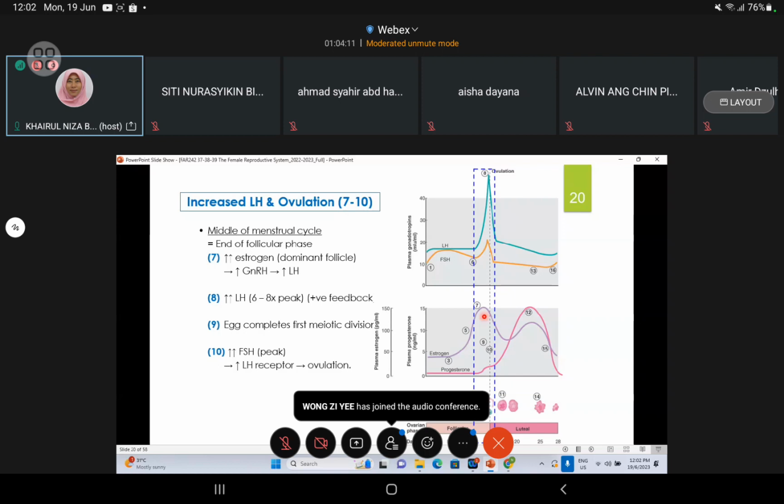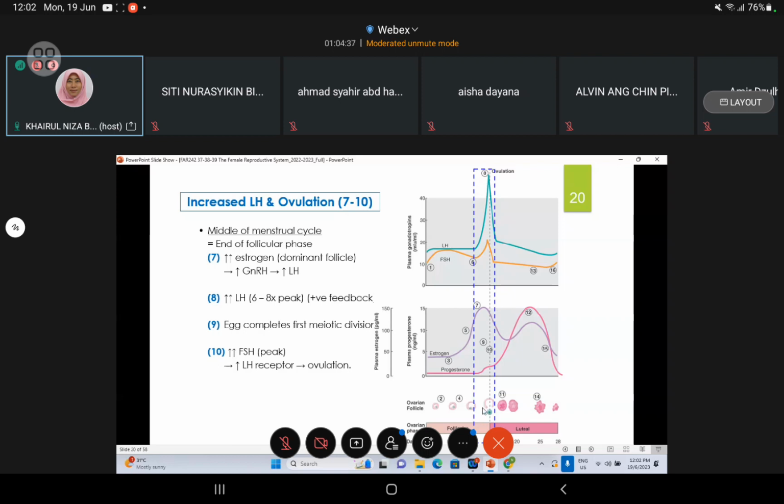So, funnily enough, secretion of estrogen at this stage, which is very, very high, has a positive feedback effect upon GnRH as well as LH. So you can see that after the peak of estrogen, LH secretion also reaches its peak due to the positive feedback effect of estrogen.